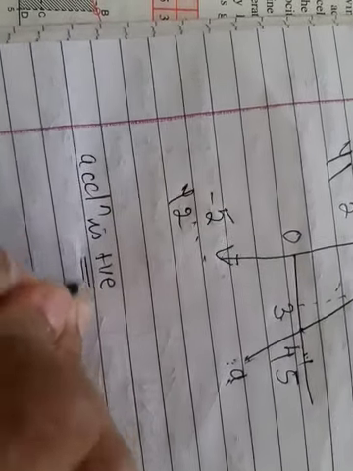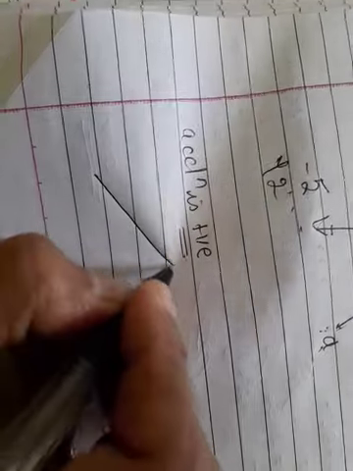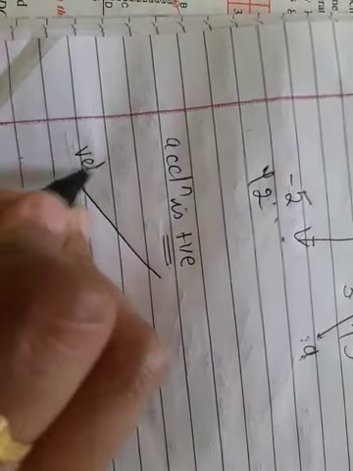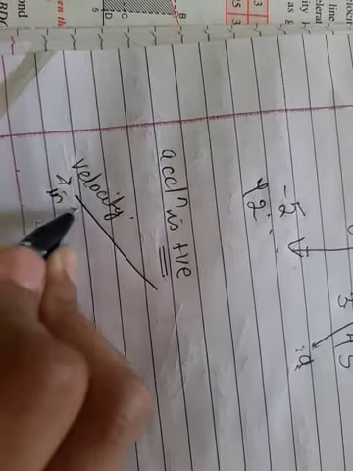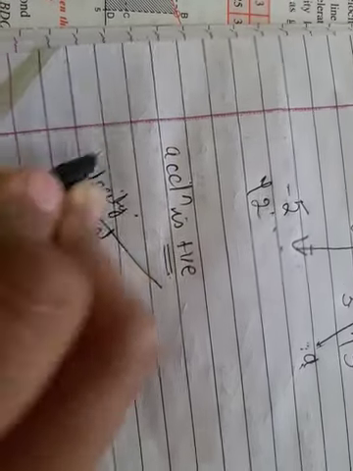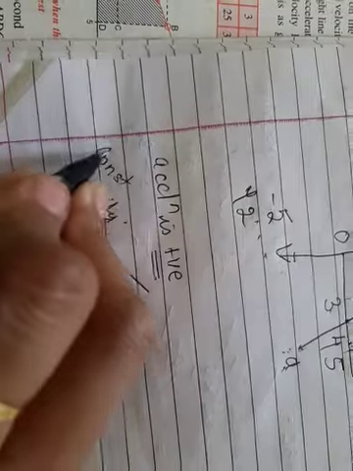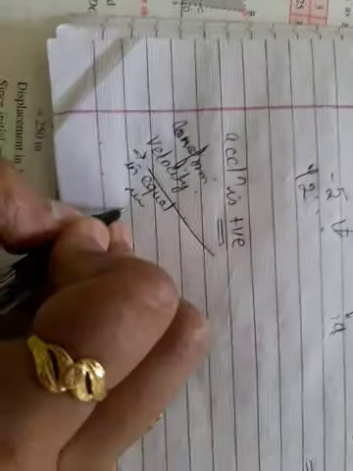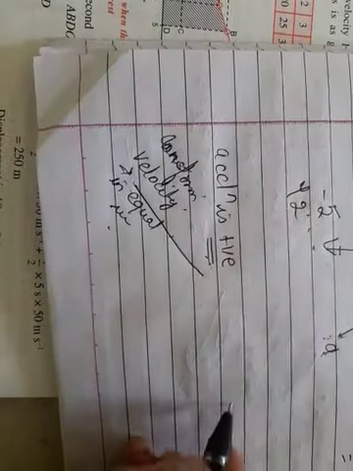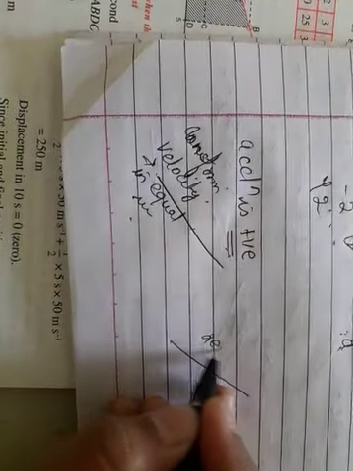Why is the acceleration positive? Because the graph is a straight line, right? The velocity is also increasing in equal intervals of time. So we have uniform acceleration, equal velocities in equal intervals of time. So acceleration is positive, but here it can be negative also.